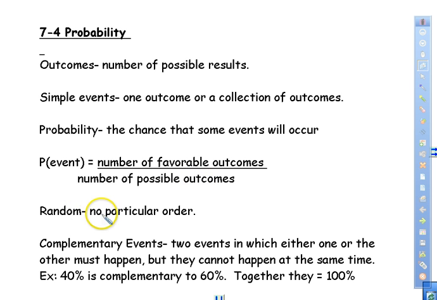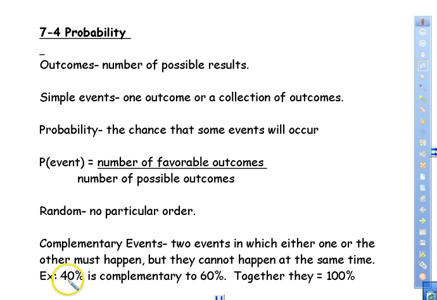Now for random, that means that there's no particular order. So we want to randomly choose when we do some type of survey. And again, we'll talk more about that as we go. A complementary event means that there's 2 events in which either one or the other must happen, but they cannot happen at the same time.